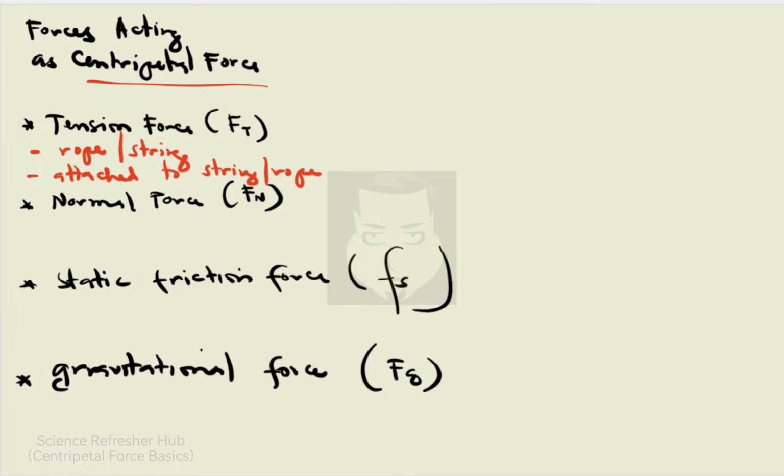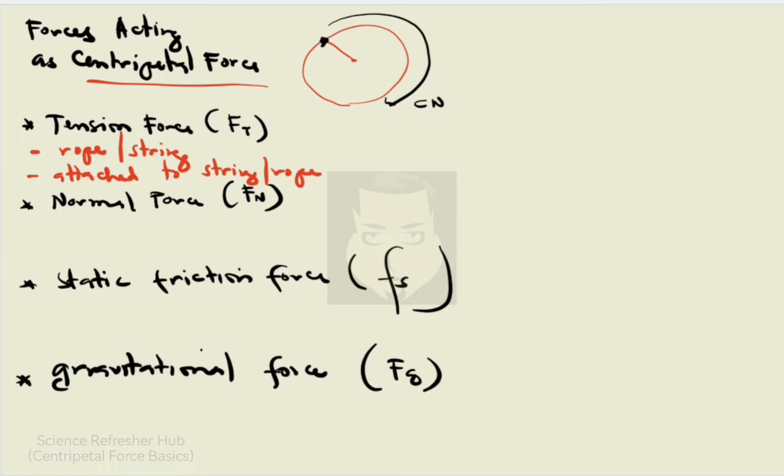If ever you tied an object on a string and then you move it, it will again move in a circular pattern. Let's say this is your hand at the center, and then you have this rope here with an object tied to it, and it moves, let's say, clockwise.